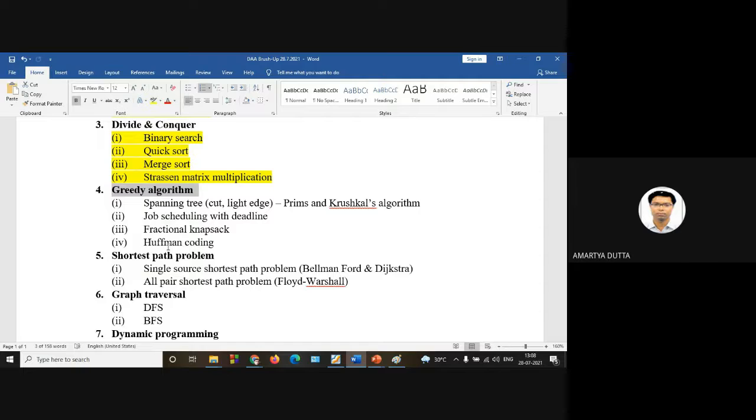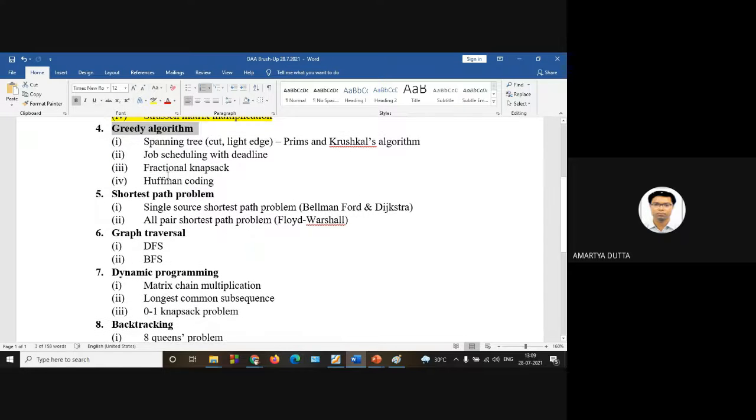Greedy may not always yield the optimal solution, whereas dynamic programming always gives you the optimal solution.